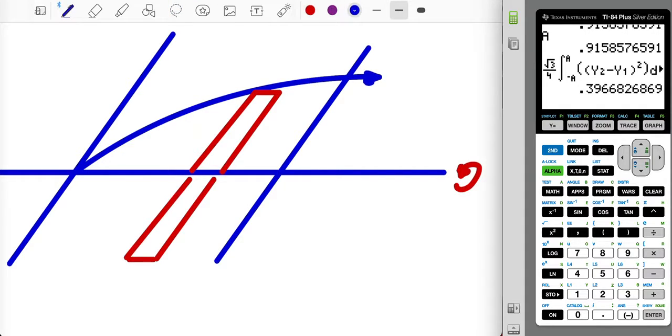So I'm going to draw something semicircular coming out of the page. But then it'll also be semicircular going into the page.